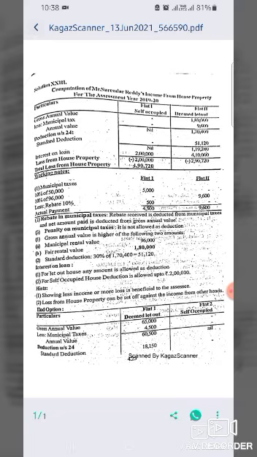So gross annual value of the first flat will become nil and the second flat is 1,80,000. We have to deduct the municipal taxes. For the self-occupied house there are no municipal taxes, but for the let out one it is 9,000. So net annual value is nil for the first flat, but for the second flat it is 70,400.